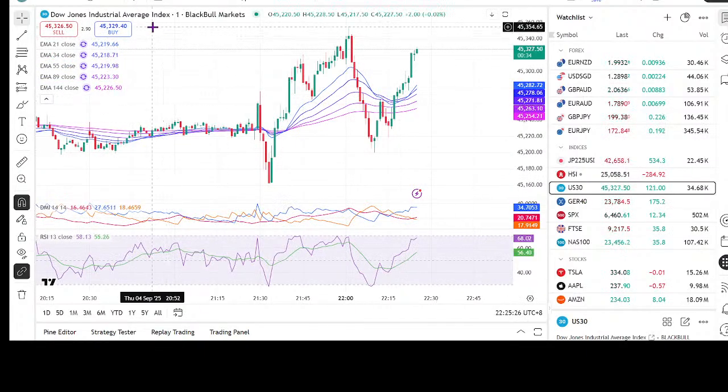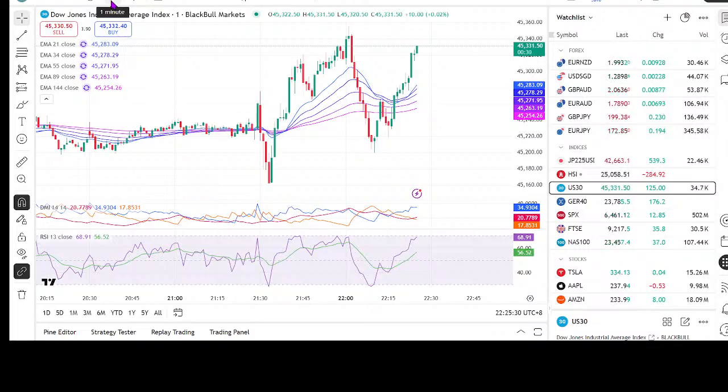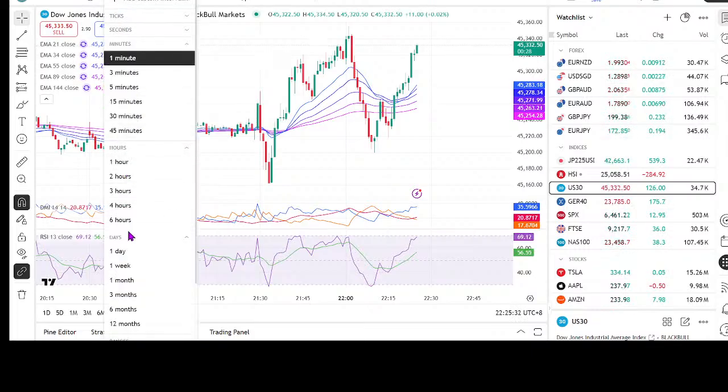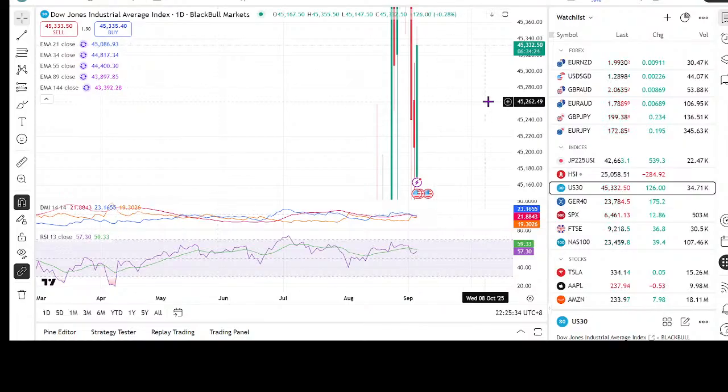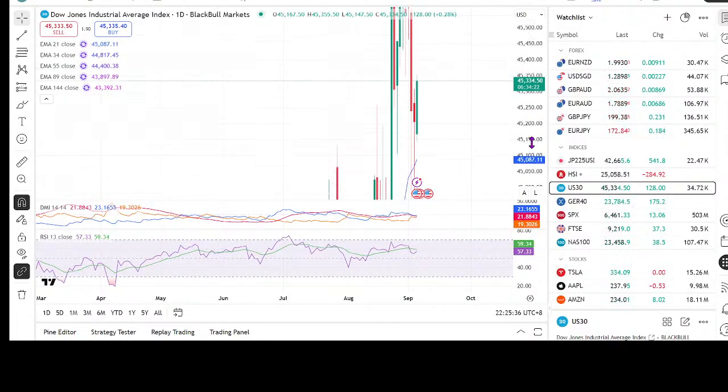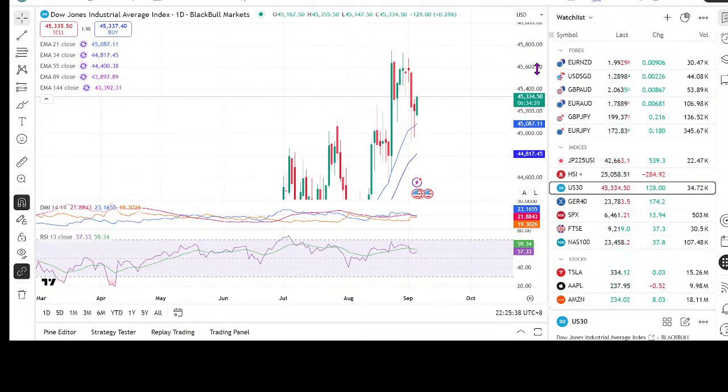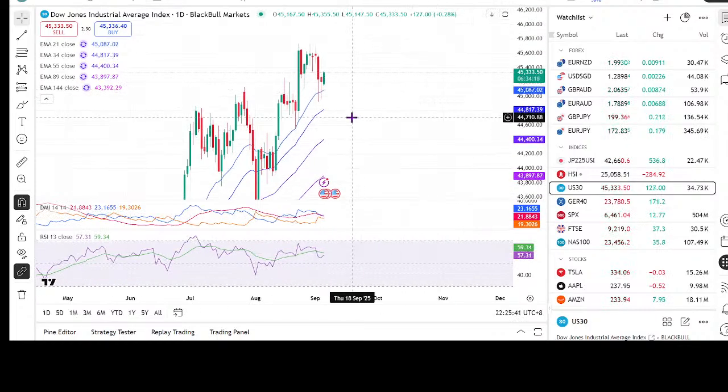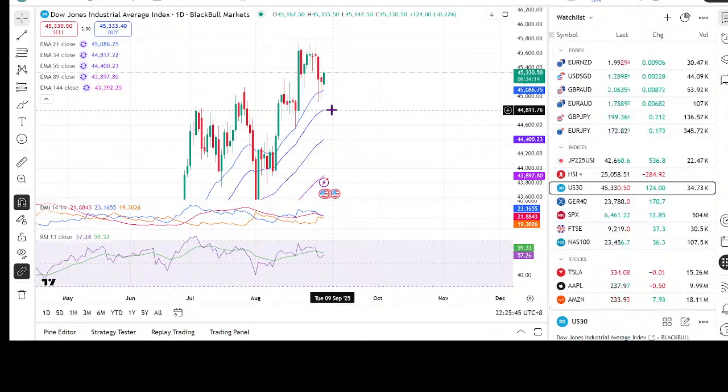The Dow, we are long at 250, and right now it is 330. And what we feel, this is a day chart.